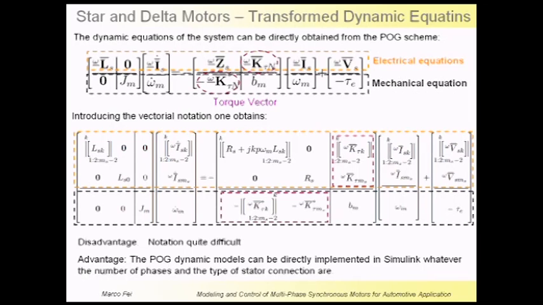So the electrical equations are transformed, reduced, and decoupled, and each electrical equation is independent from the others. This means that the multi-phase synchronous motor can be seen as a set of fictitious machines. This concept is very important in the control, and it will be shown later.